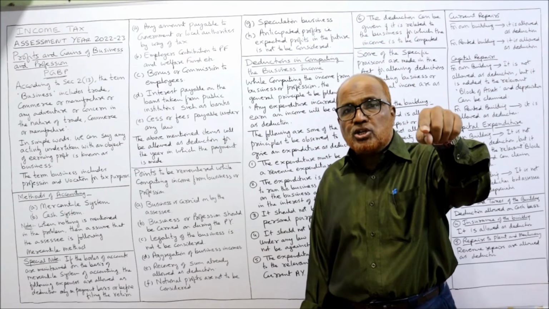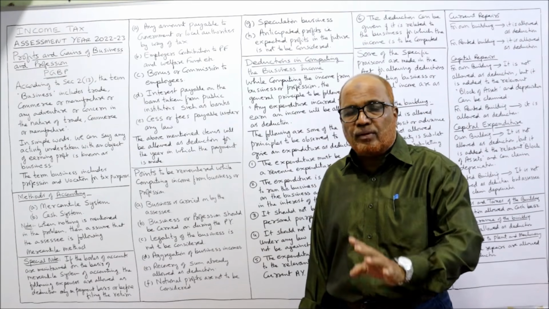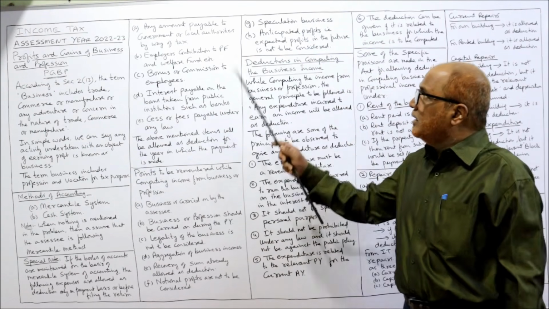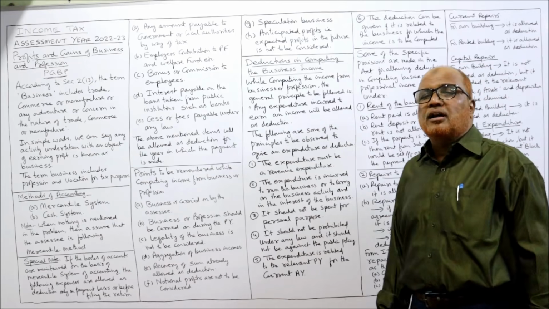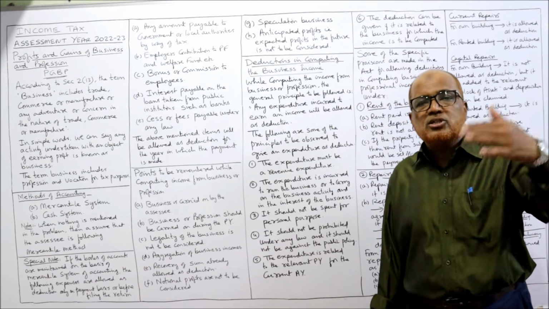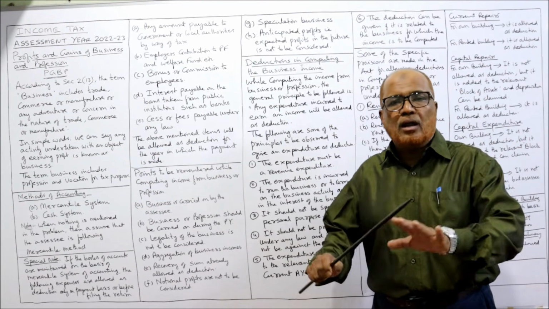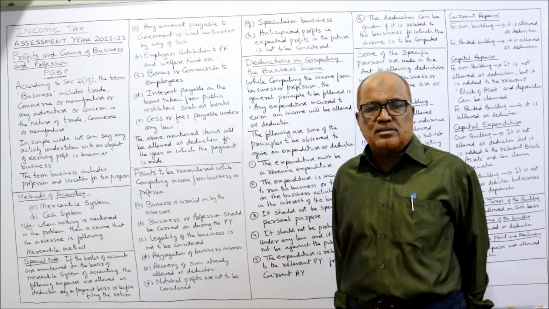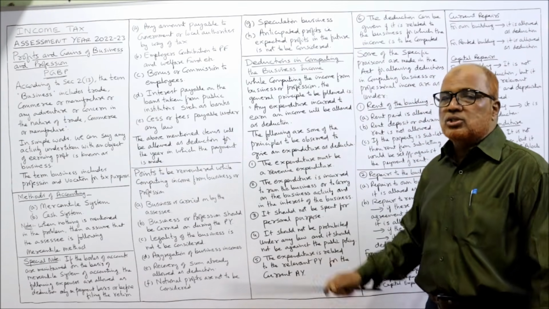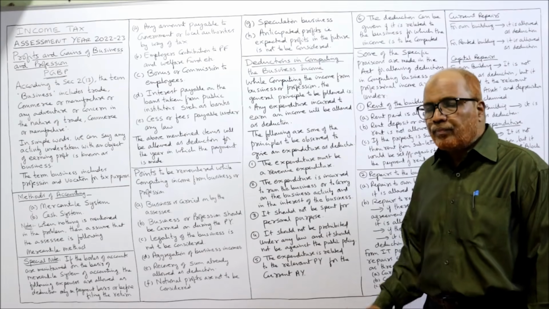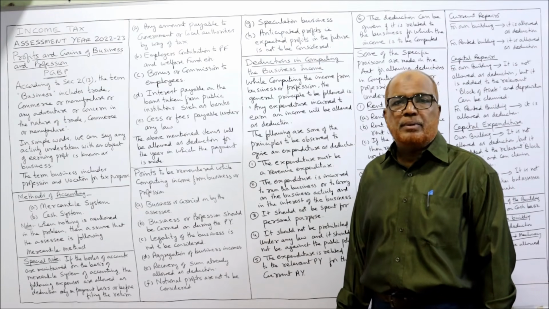But speculation loss cannot be set off from non-speculation income. Next one is anticipated profits or expected profits in future are not to be considered, not taxable. So these are the special points you have to remember while computing income from business.